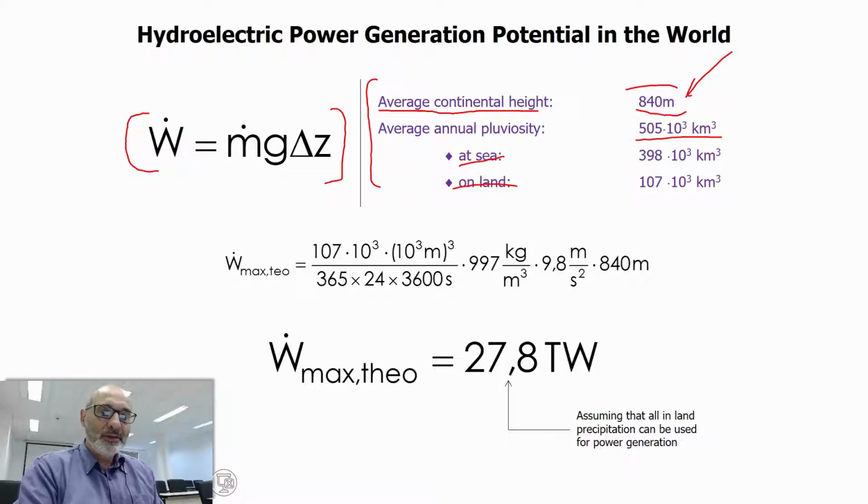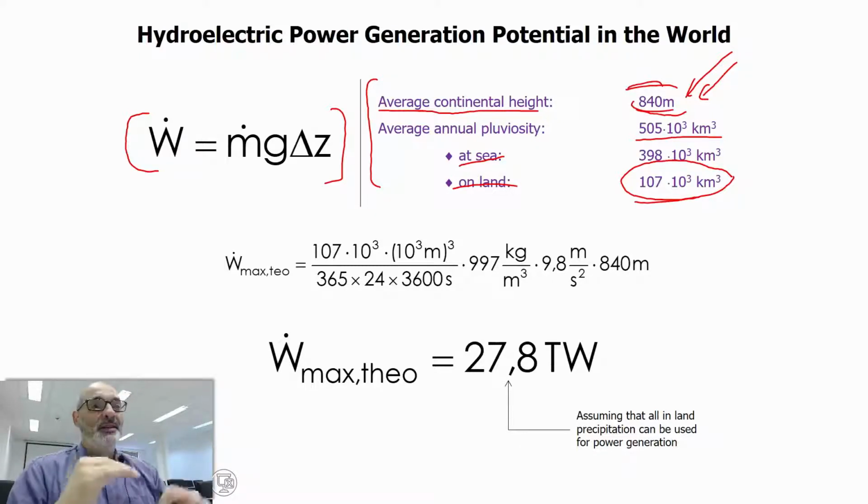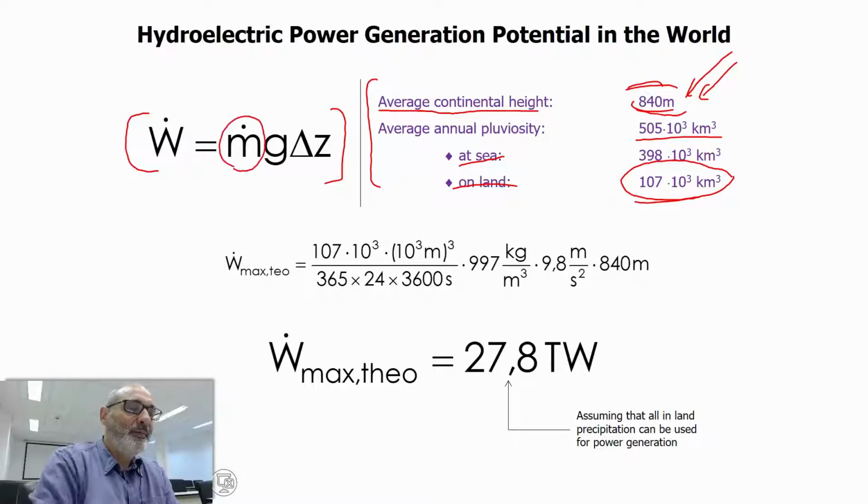So let's suppose the following: we have all this water at this height, 840 meters. If we manage to generate electricity from all this water, considering this height, we can apply this formula. So m dot here is 107,000 cubic kilometers divided by the amount of seconds in a year.